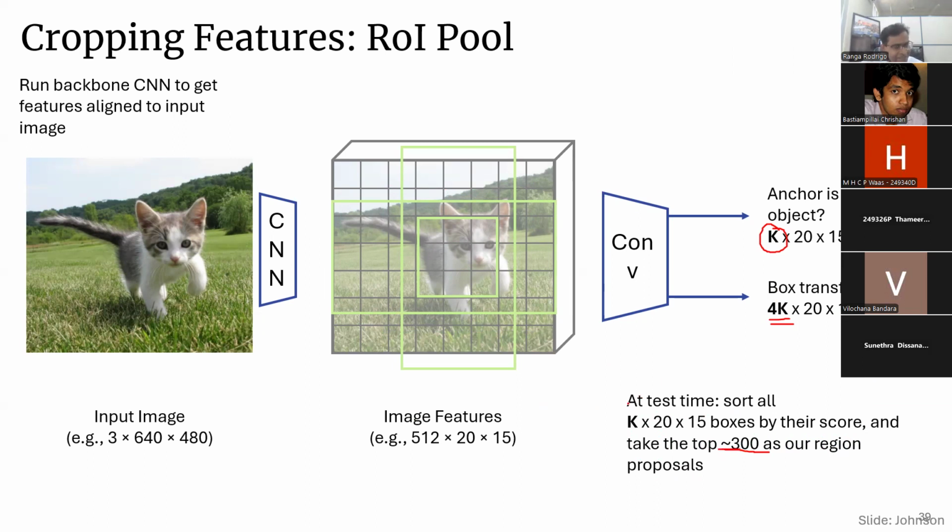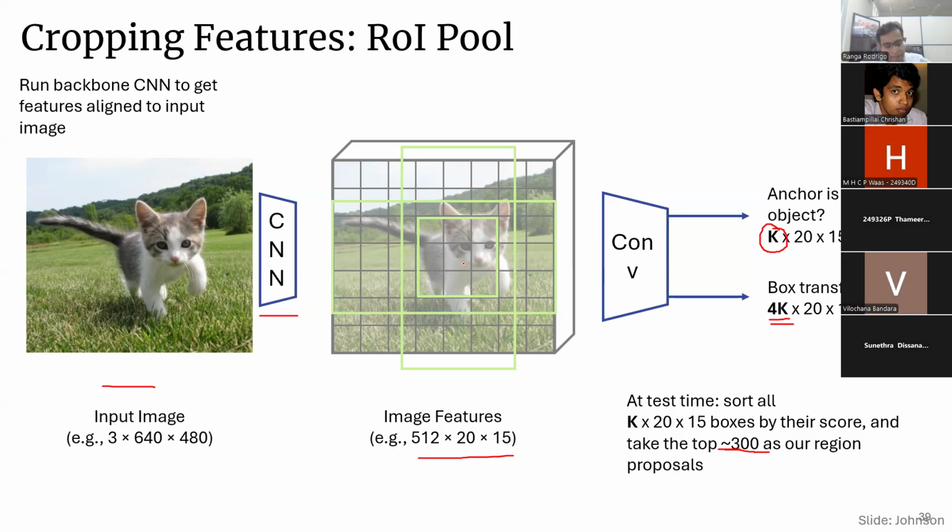Okay. To summarize once again, how do you do the region proposal thing? We have the image and we have the convolutional neural network that gives the feature map of this size. At each location, you locate these anchor boxes of a certain size and a certain center. And for each of them, we predict whether there's a box or not. So for each location, you can predict k objects to be present or not.